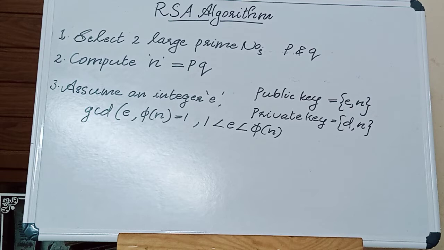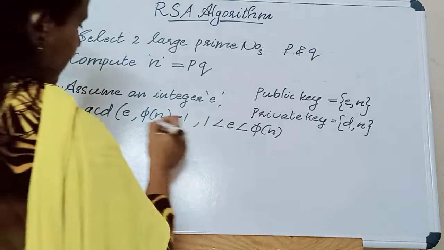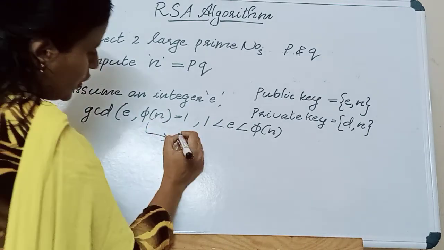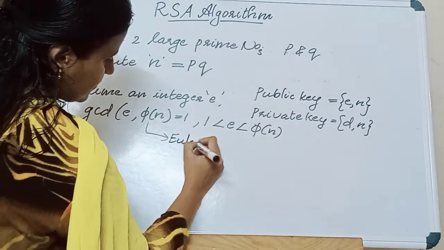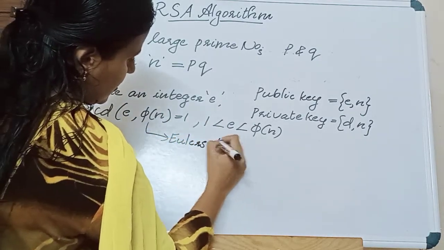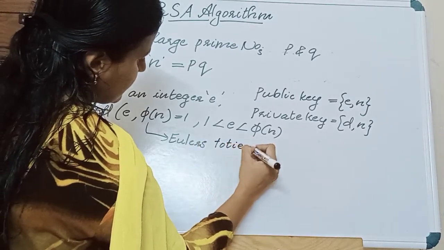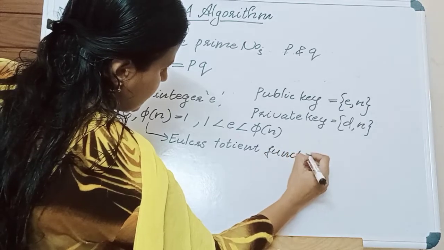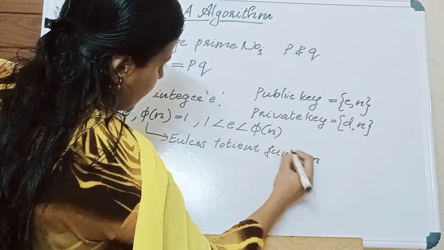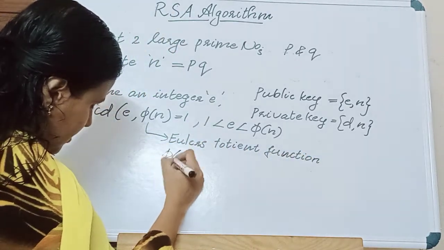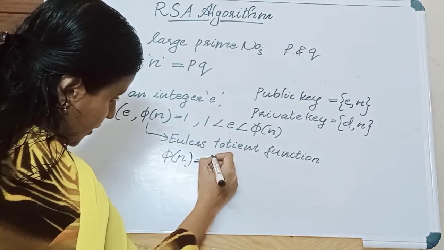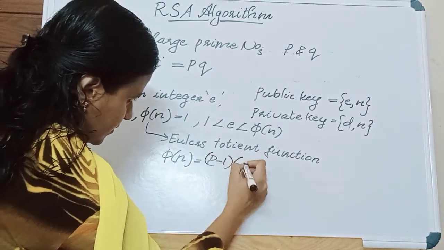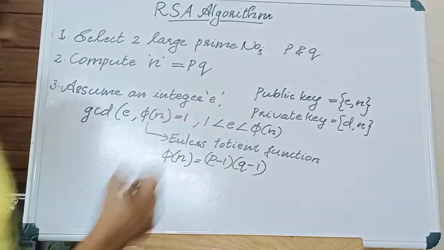Here, phi of n is Euler's totient function. It can be calculated as phi of n is equal to (p minus 1) into (q minus 1).